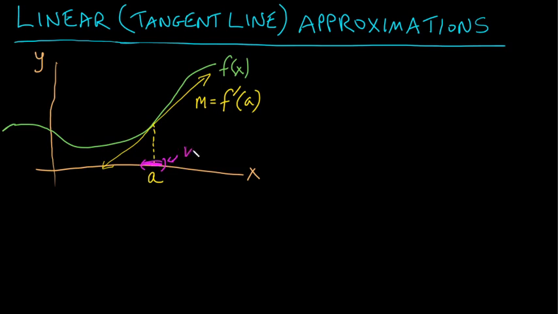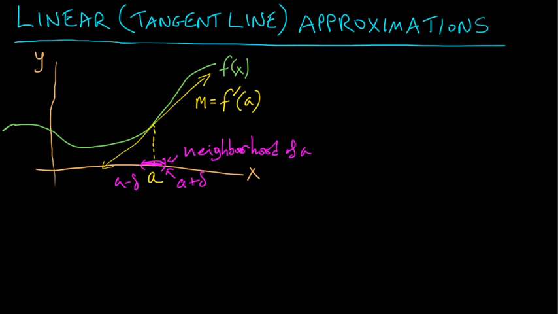This is sometimes called a neighborhood of a. So they're just values of x that are near a. If you like, it could be a delta interval, a plus delta, a minus delta, but let's not get into that. As long as x is somewhere near a, the derivative could be an approximation to the function itself.